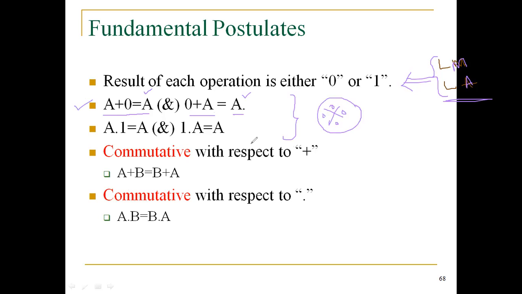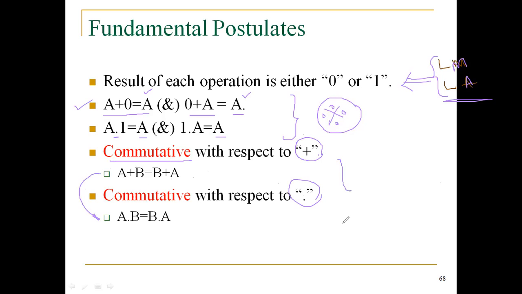Similarly, for multiplication, or the dot operator, a dot 1 equals a. Similarly, 1 dot a equals a. And then with respect to the dot operator and plus operator, the commutative postulate, that is a plus b equals b plus a, and similarly in the dot operator, a dot b equals b dot a.